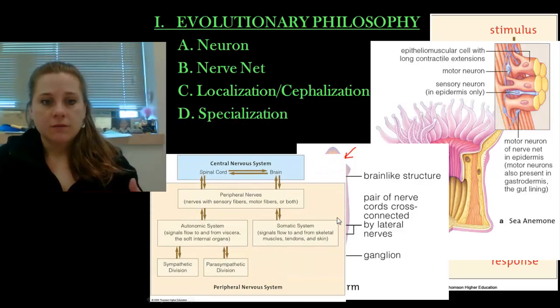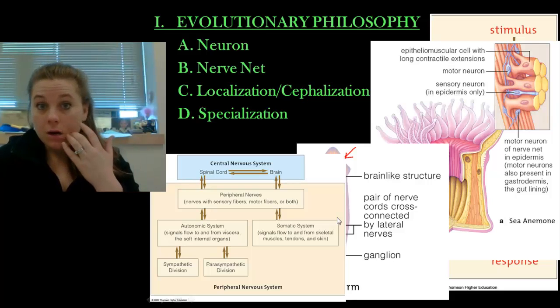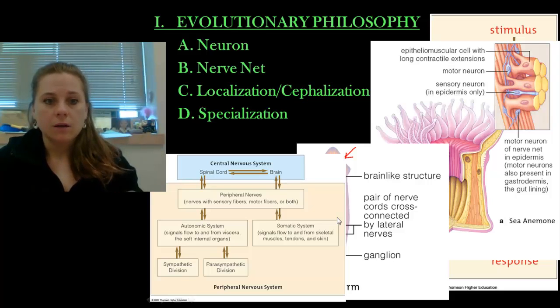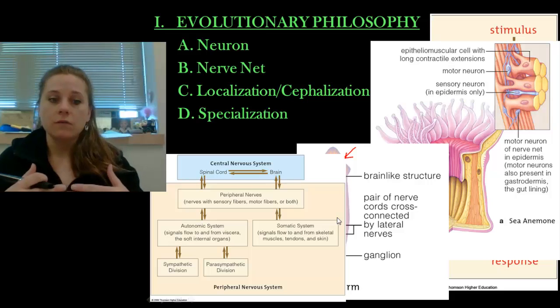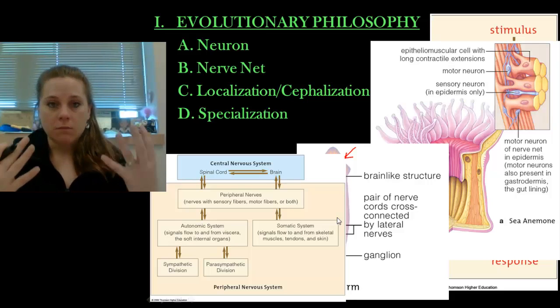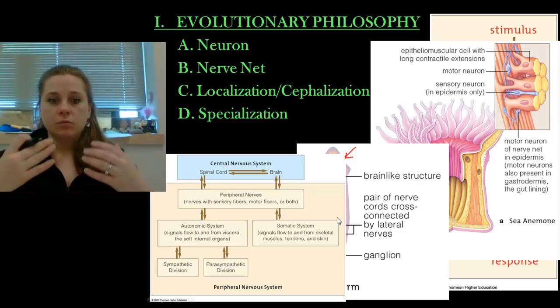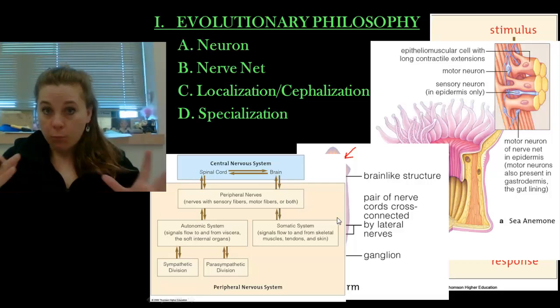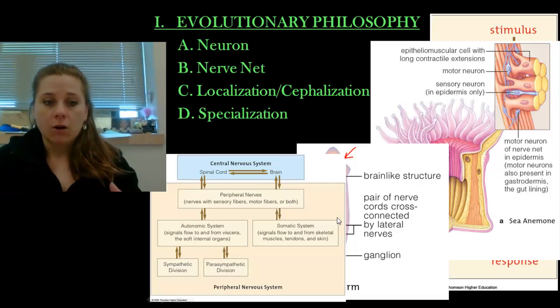And then we have specialization of different areas when we start talking about very complex multicellular organisms like us. So something like us, we have our nervous system, which is a connection of the main part of our brain, sending information down through the spinal column and then branching outward to different areas and different systems from there.